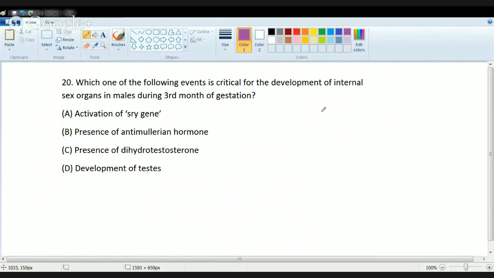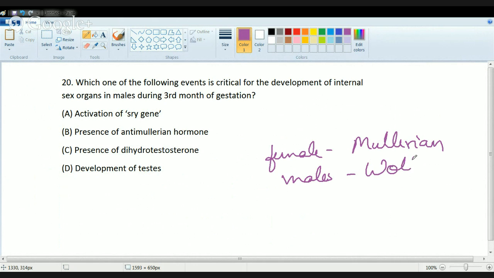By default everyone is considered female till the third month. At the third month, there is differentiation that occurs. The differentiation is known as the Mullerian system in females, and in males it is known as the Wolffian system.